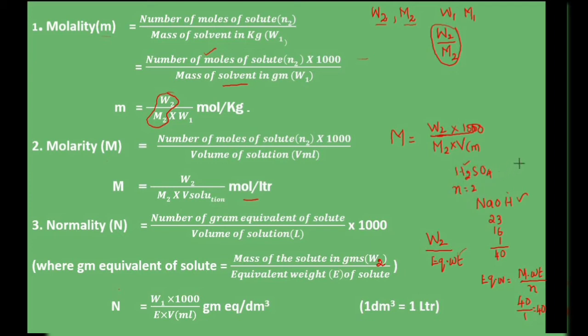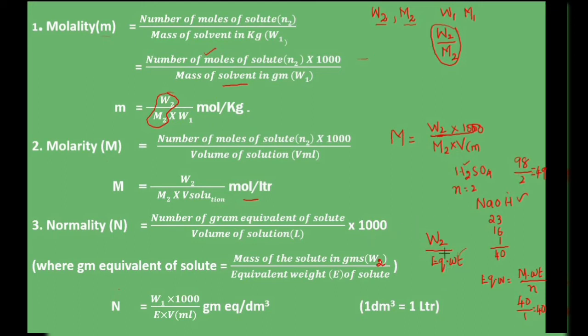The molecular mass of sulfuric acid is 98. If you add all the atomic masses, you get 98. So 98 divided by the basicity of sulfuric acid. It can afford 2 hydrogen atoms, so basicity is 2. So it is 49. So the equivalent weight of sulfuric acid is 49. This is how you should calculate the equivalent weight.